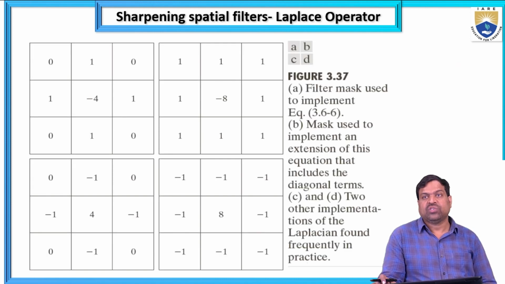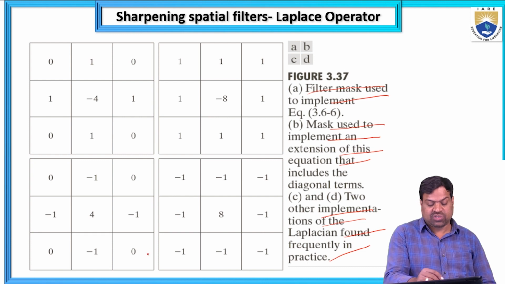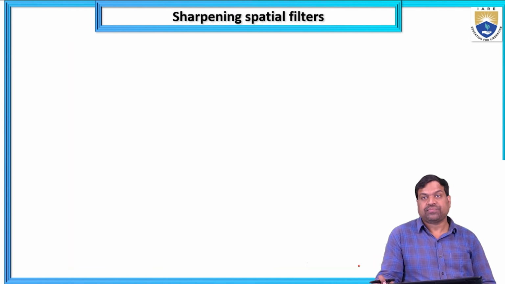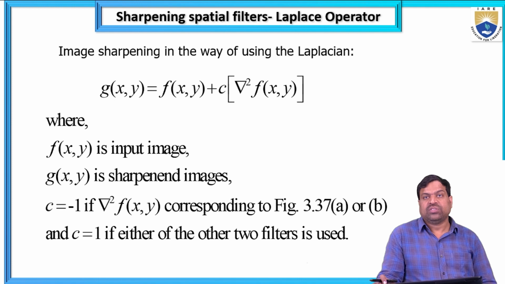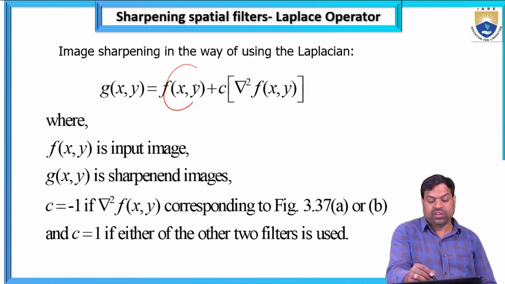Okay. So it is one example of the mask with input filtering. The mask is used to implement an extension of this equation, and C and D are the two other implementations of the Laplacian function. Okay, it is the output with Laplacian. So image sharpening with the Laplacian: g(x,y) = f(x,y) plus the transformation function.